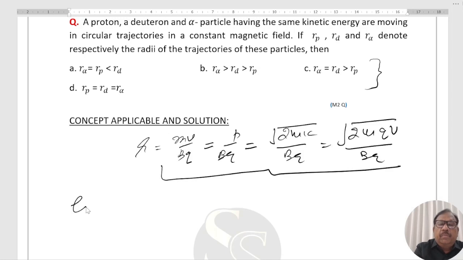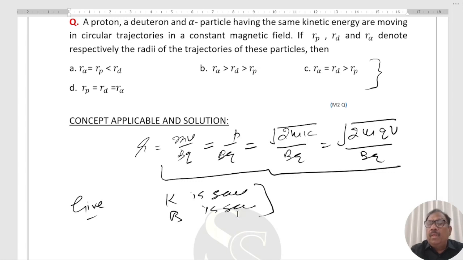Now given is proton, deuteron, alpha particle have the same characteristics. K is same, B is same. Then this concept will be applicable.